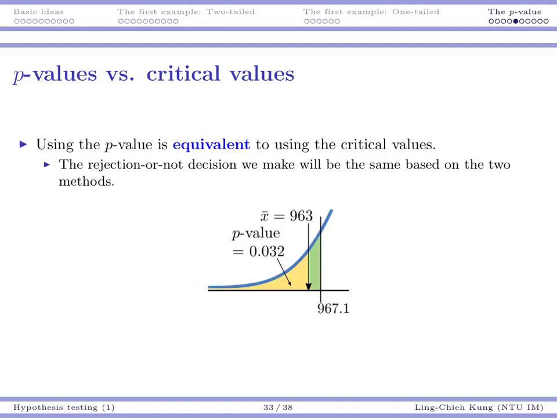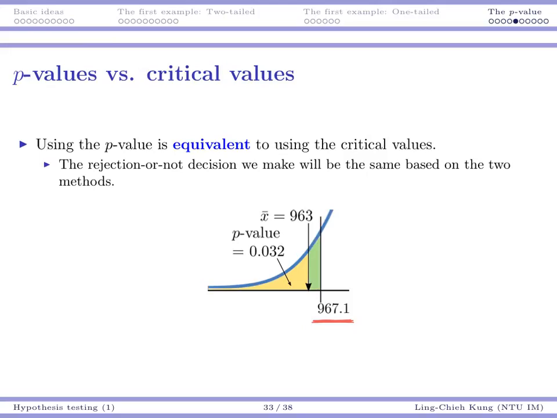So graphically, what does that mean? Recall that when we were using the critical value method, we first try to find D so that when the deviation is larger than D, we reject H0. And that gives us the critical value here. The critical value is 967. We get 963, which is here, so we reject H0.